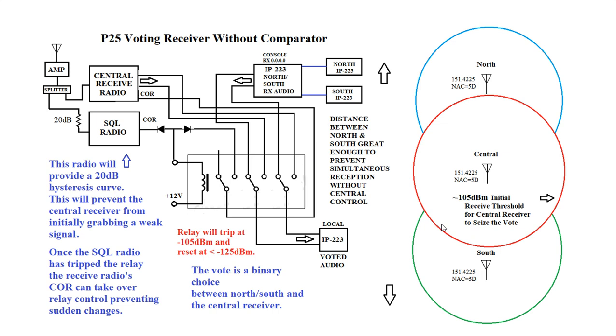Now, let me explain how and why I'm doing this reduced threshold. What I don't want is, when a unit up here in the north end keys up, the central receiver, which will hear that unit, getting involved.